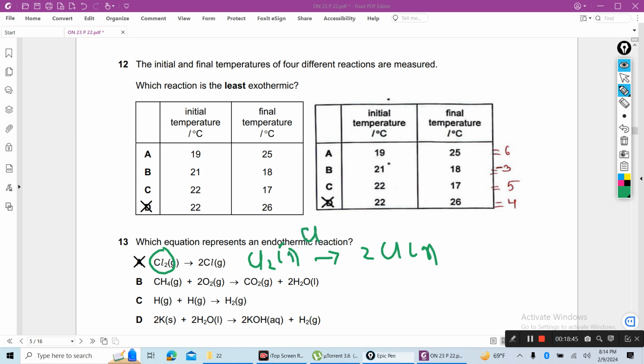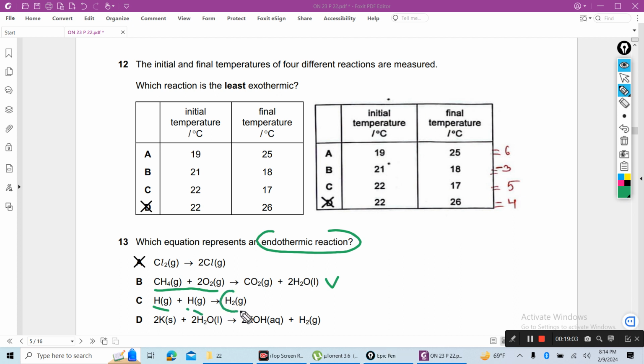To break the chlorine bond, energy is needed, that's why the answer will be A, an endothermic reaction. And B is a combustion reaction, methane burning in oxygen, this is an exothermic reaction. And when a hydrogen molecule is formed, bond formation means exothermic. And potassium reacts with water, this reaction is exothermic, heat is produced. So the answer will be A.